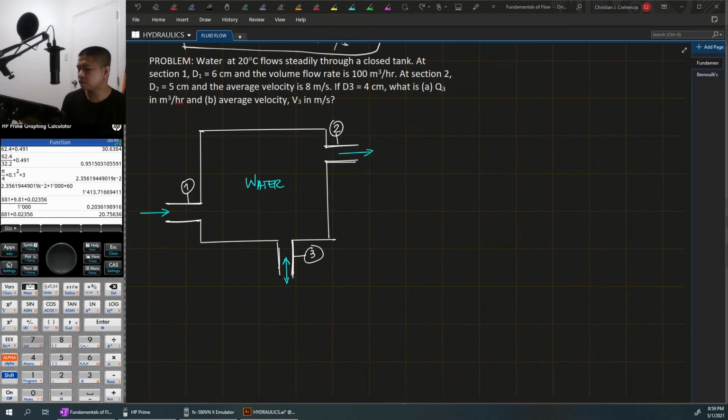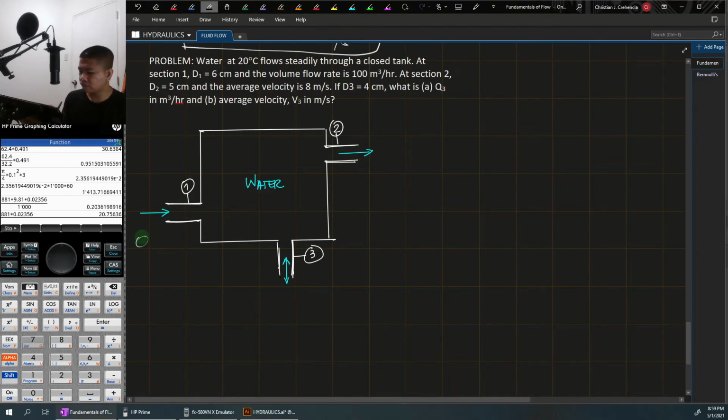So at section 1, given the diameter, sulat natin mga given dito. Diameter is 6 cm or 0.06 meter. Okay. And the volume flow rate is in discharge Q. So this is 100 cubic meter per hour.